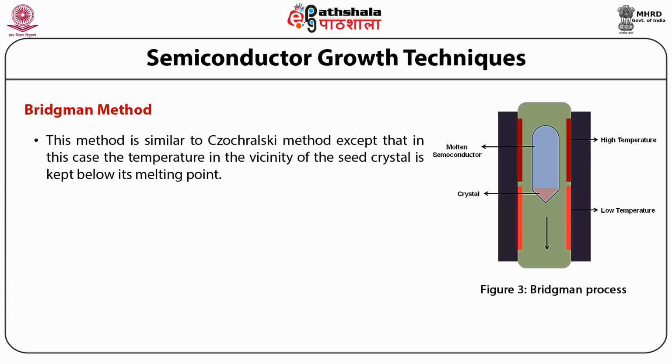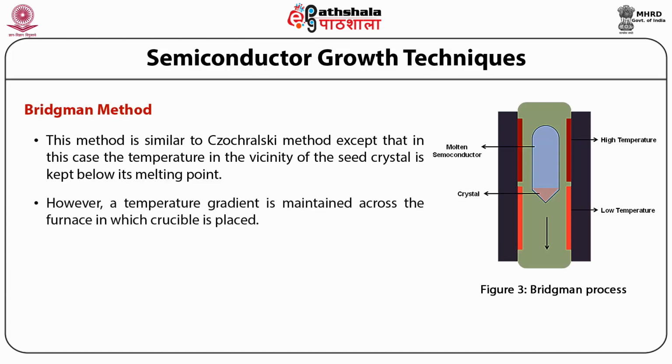The seed crystal is also placed in the crucible along with the polycrystalline material. However, a temperature gradient is maintained across the furnace in which the crucible is placed, and the schematic of this process is shown in this figure.